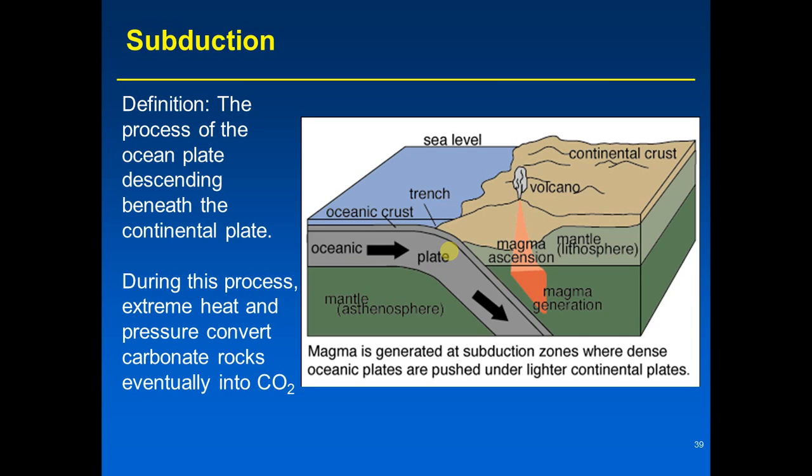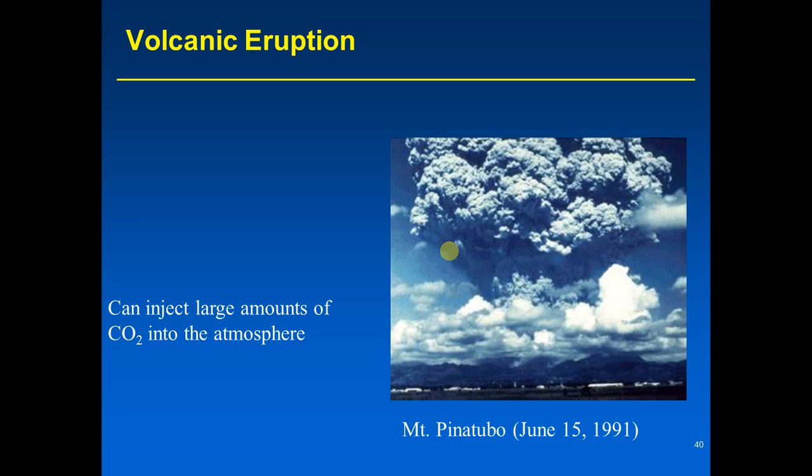Okay, and the subduction zones are better able to generate tsunamis than, say, transverse faults. Okay. When a volcano erupts, it can emit carbon dioxide. So volcanic eruptions can inject large amounts of carbon dioxide into the atmosphere. Here's another picture of Mount Pinatubo erupting before most of you were born in June of 1991.